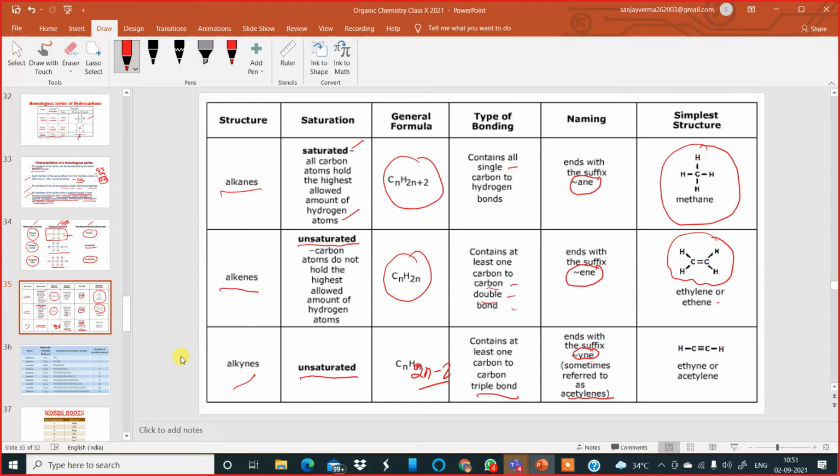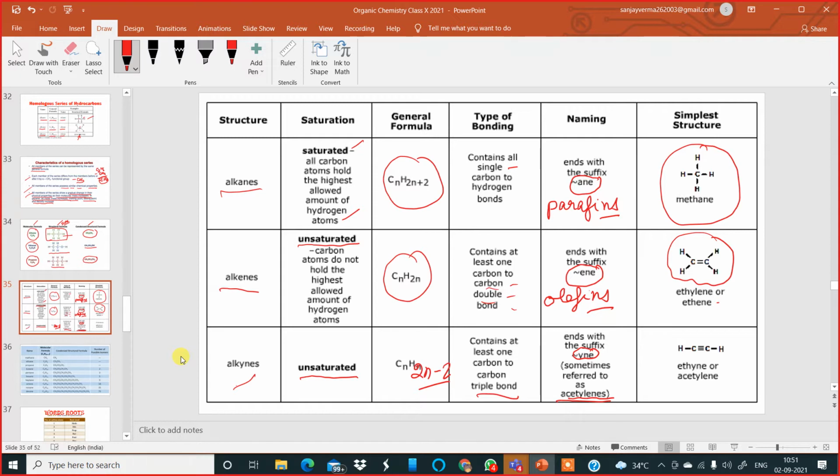Alkanes are commonly called paraffins. Paraffins means less reactive. Alkenes are called olefins. Olefins means oil forming. And alkynes are called acetylenes because of their high reactivity.